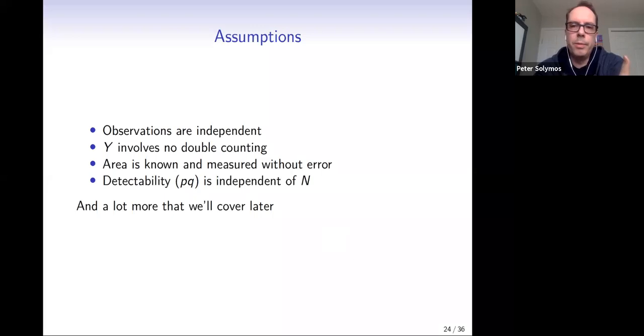So if there are more individuals and they have to vocalize more to signal their territory, then maybe there's a relationship between p and N. But this model assumes there is no such thing. There's a lot more, but this is just a few that we can quickly see that might not always be the case.